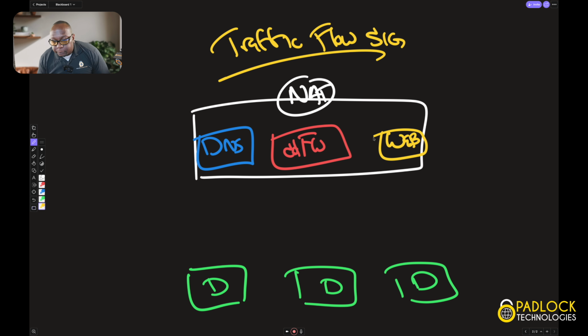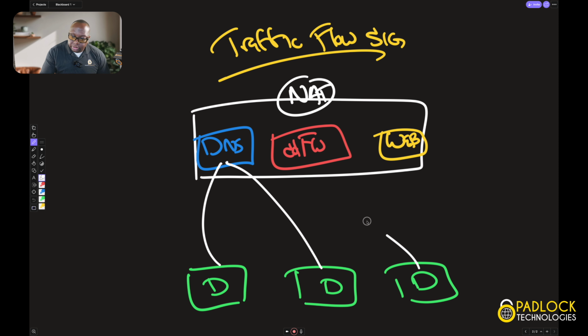All right. So when people want to go to the internet, first things first, in Umbrella, the first thing they go to is DNS. So everybody goes to DNS here, right? Because DNS happens before the HTTP GET.